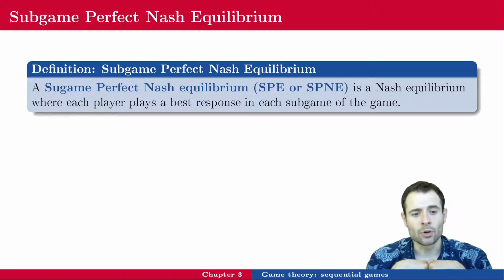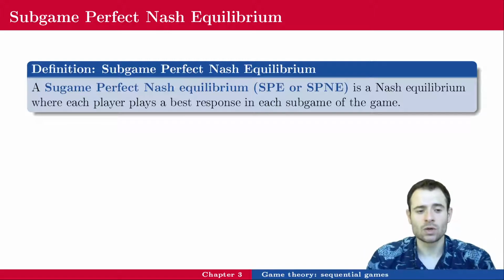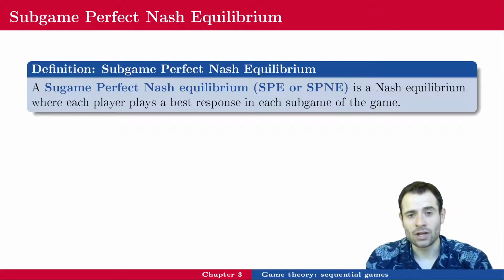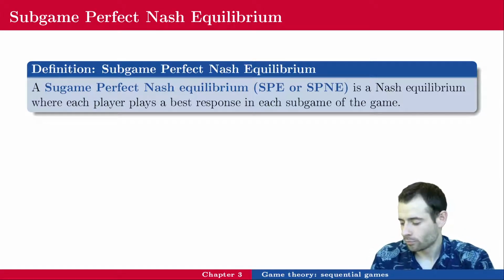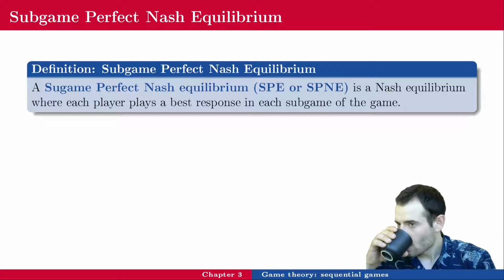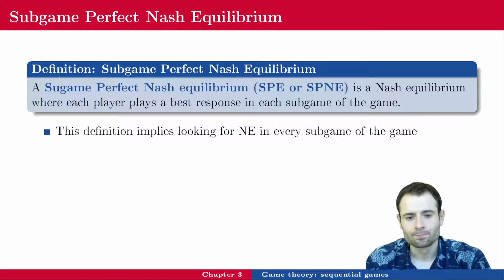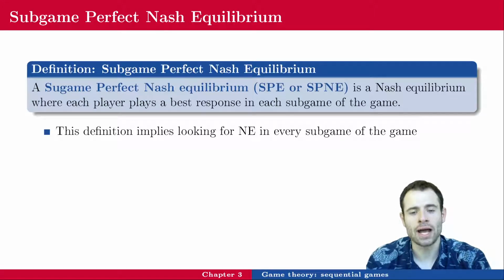A subgame perfect Nash equilibrium is a Nash equilibrium where each player plays a best response in each subgame of the game. So it means that we need to look at the best response in each subgame of the game. So we need to look at all the possible subgames.